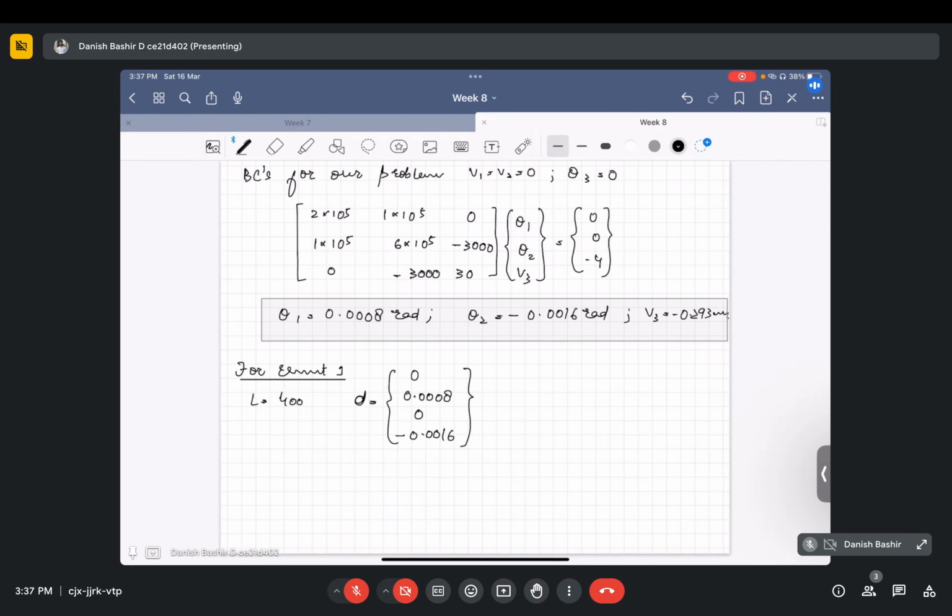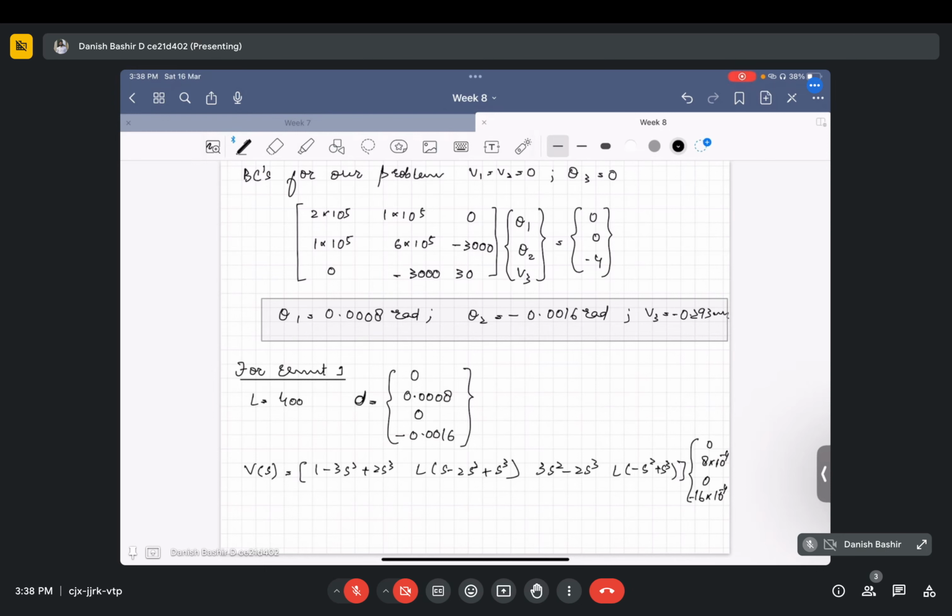We know that the displacement within the element, V of s, has the form: 1 minus 3s squared plus 2s cubed, then L times s minus 2s squared plus s cubed, then 3s squared minus 2s cubed, then L times minus s squared plus s cubed, where s is the parameter that varies from 0 to 1 within the element, times the nodal parameters 0, 8 into 10 to the power minus 4, 0, and minus 16 into 10 to the power minus 4.